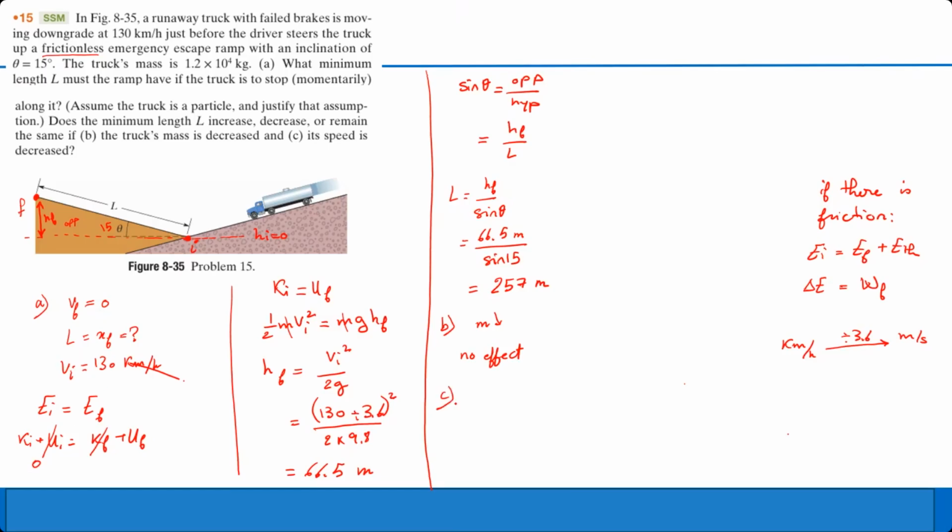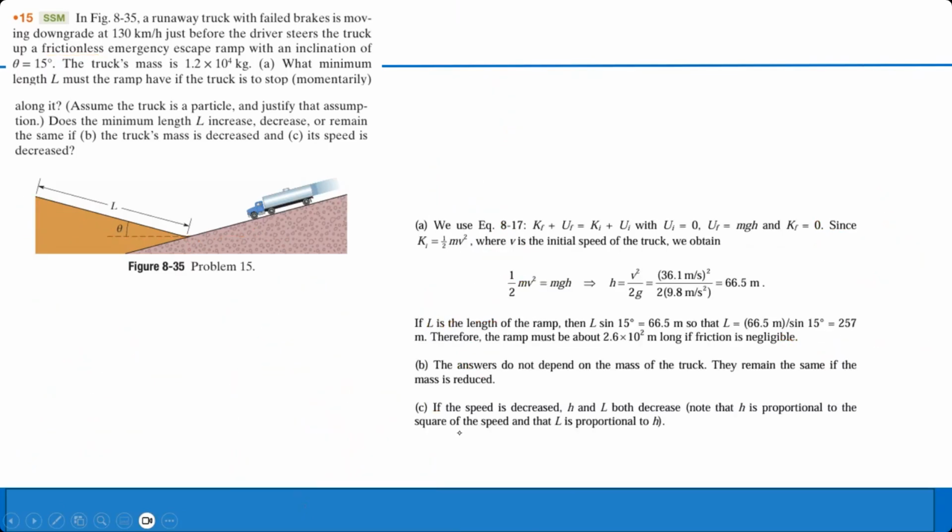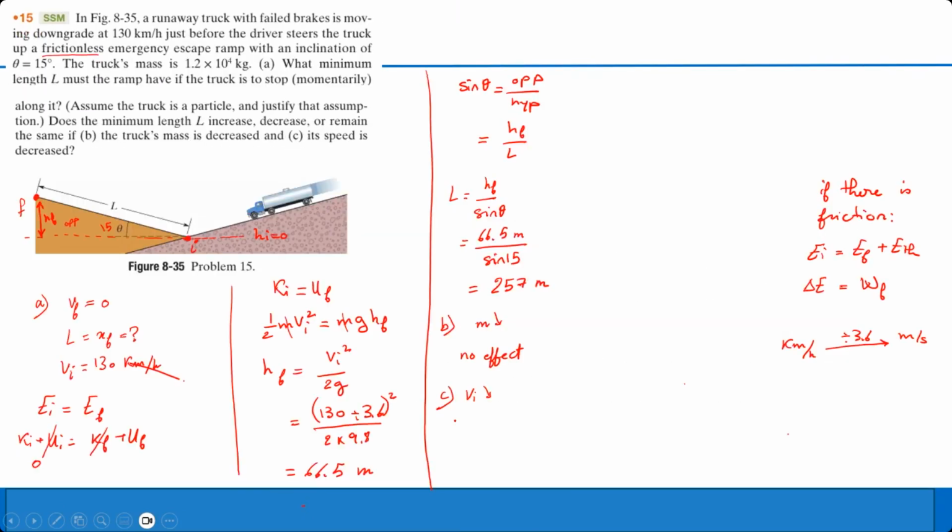In part C, we were asked if the speed is decreased. So here the initial speed decreases. Well, that's a different story because as you saw here, HF, we found it to be equal to V initial squared over 2g.